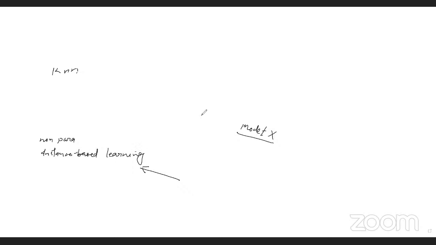Let's say we have a training data set. Any new example comes in, it checks the neighborhood. How do we find the neighborhood? We check the distance from those points. Let's say we define two distances, Euclidean distance and Manhattan distance. You can choose any of these.